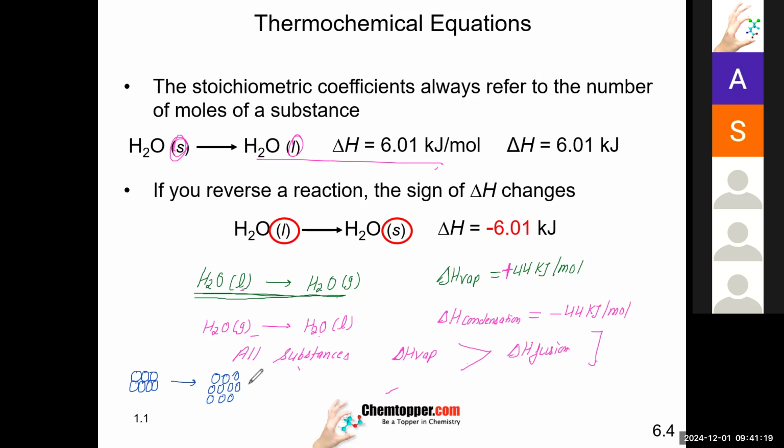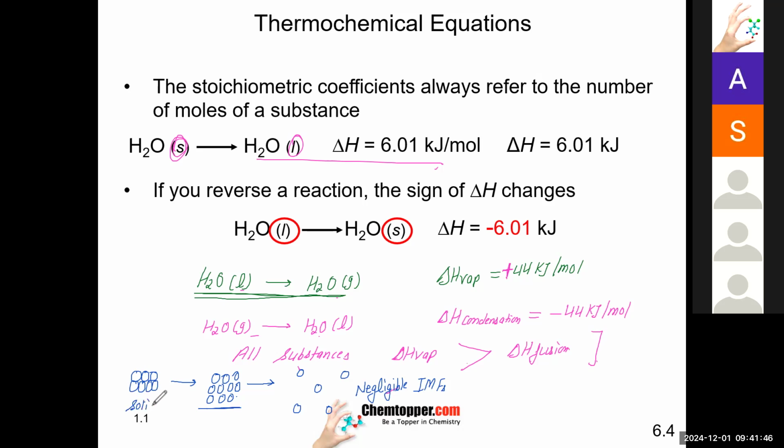But when you are going from liquid to gas, you remember ideal gases, negligible forces of attraction, negligible IMFs, negligible. You have to overcome all IMFs. Here, IMFs are still there, but slightly weaker than solid.